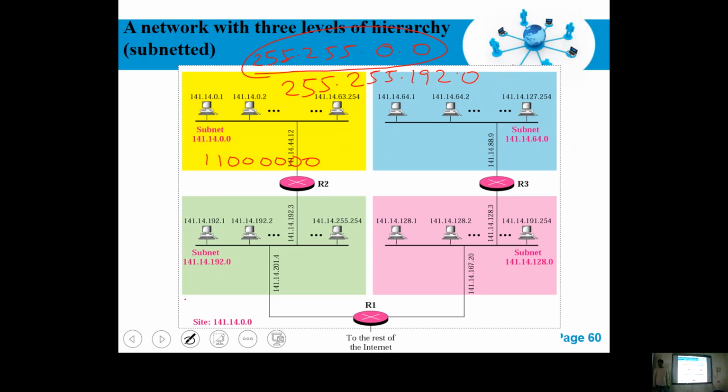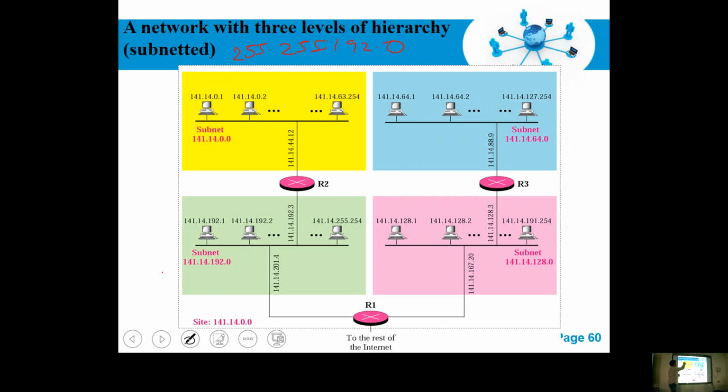Is it clear? So when you do subnetting, you cannot go with the default subnet mask. For this subnet, what is the mask I have? We call it the subnet mask, and I need to use that. In this case, it is 192. Now you can verify: if I do a bitwise AND operation of 255.255.192.0 with any of these, I should get the corresponding starting address.